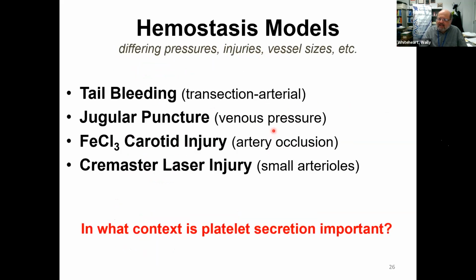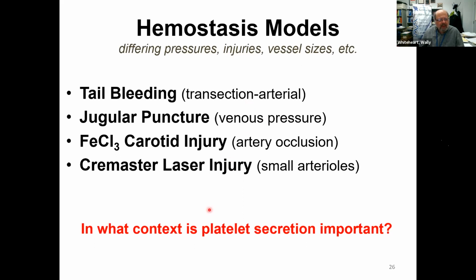So we wanted to ask, do any of these have hemostasis defects? We chose 4 different models. We didn't have Wolfgang's wonderful microscopy model, so we had to go with the things that we could do. And so we took the animals that I showed you that have these varying degrees of secretion defects, and we ran them through 4 models. The tail bleeding model, which is the classic transection model.